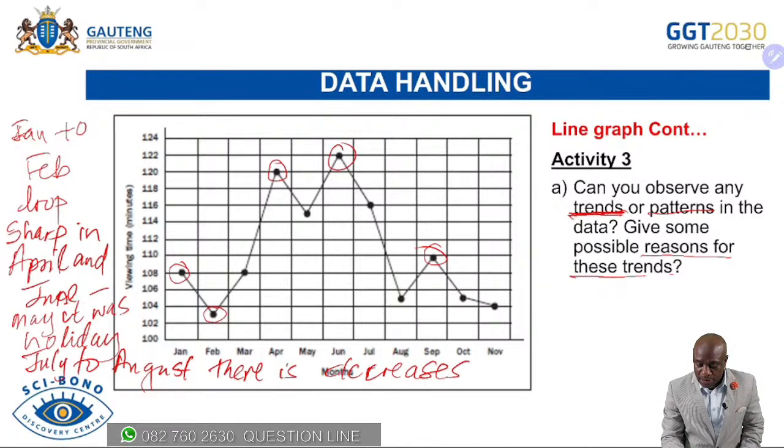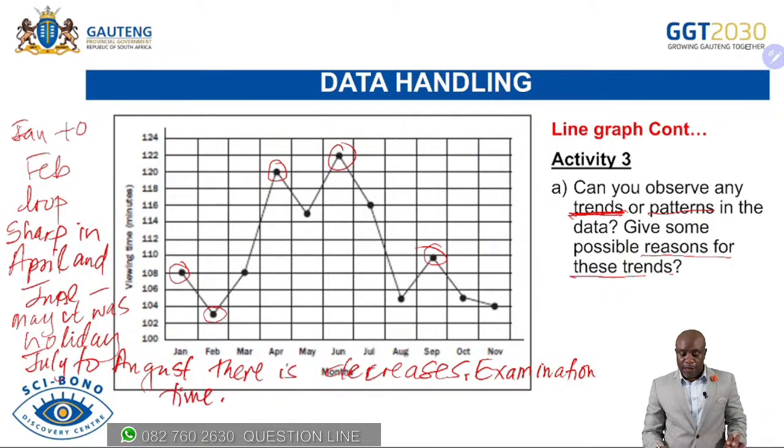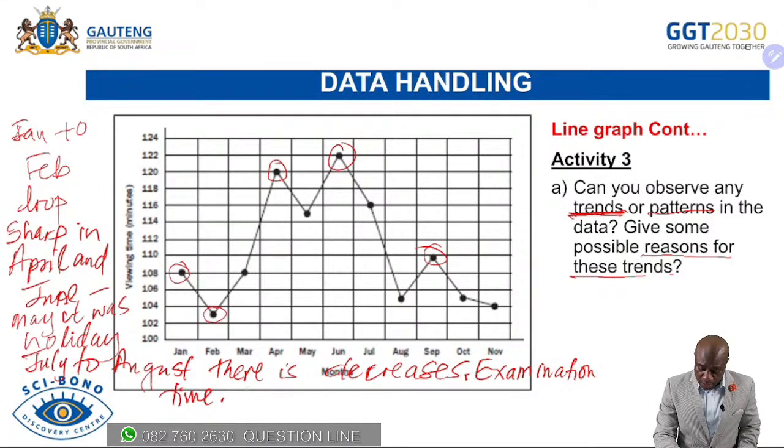And what's the reason? He's writing exams. This is exam time. We can write that, examination time. So he could be writing exams. Yes, Jabu was writing exams there. And in October and November, same story.